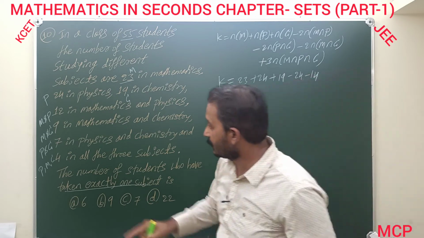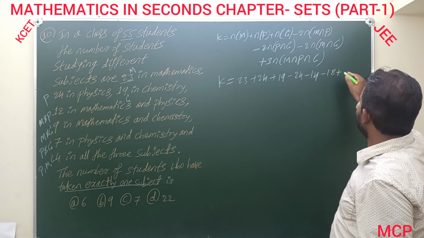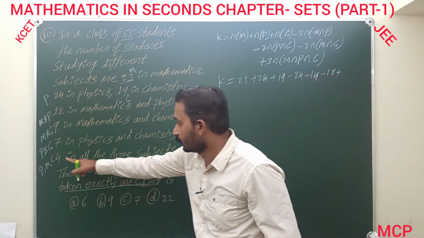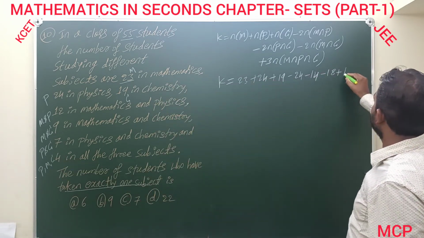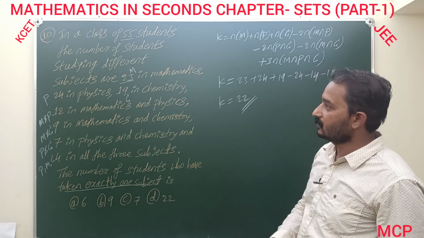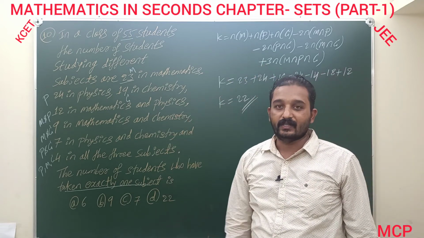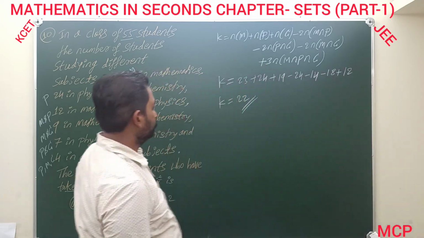Maths and chemistry 9, 2 9s are 18, plus 3 into all 4, so 3 4s are 12. So simplify this, we get the required answer 22. So easy question. Using this formula we can find the answer easily. Take down.